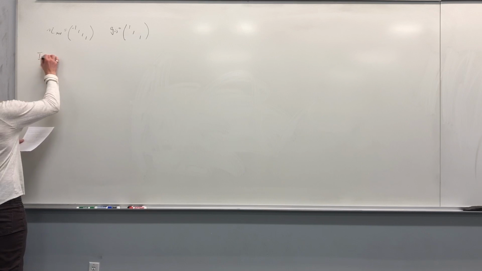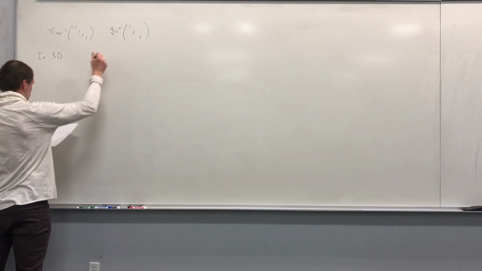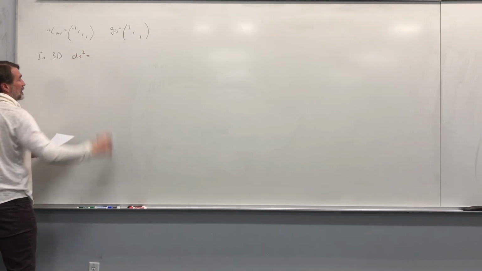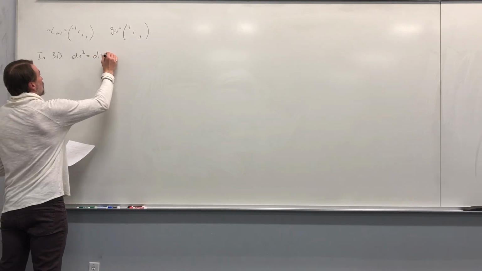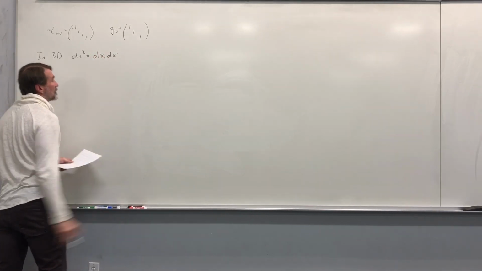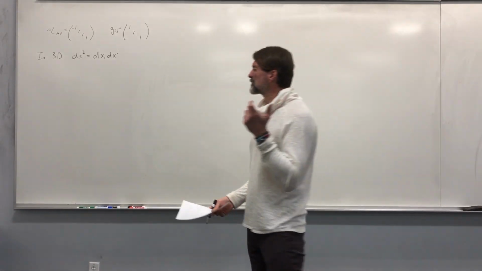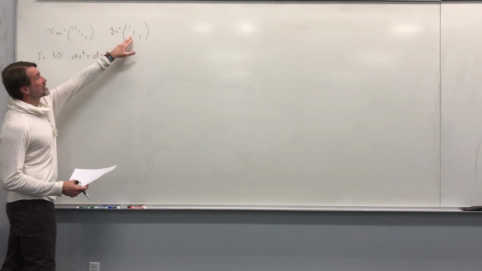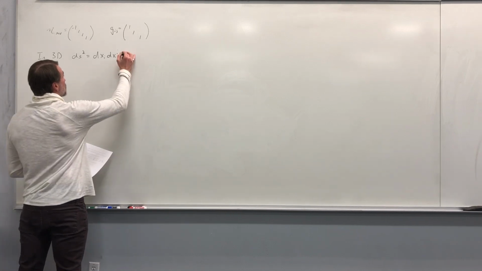In 3D, and by 3D I mean with this metric, if we want to write down ds squared, which is of course just the contraction between a coordinate displacement vector and a coordinate displacement dual vector. Since the metric is the identity, these have the same components, so nothing interesting is happening there.